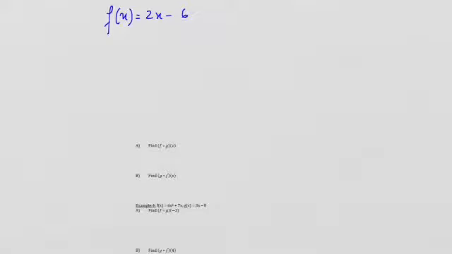So what I'm going to do is rewrite f of x equal 2x minus 6, and previously I had g of x equal 4 divided by x minus 1. The question is find f o g of x.